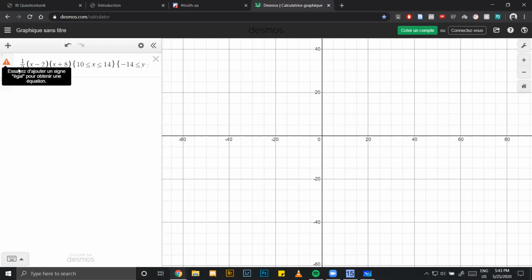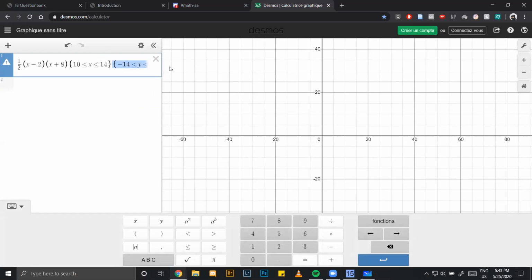Does it not allow? Oh, it only allows one condition? I'm not sure how Desmos is doing this right now. Wait, what if I do that and put a comma and add another one? No, that doesn't work either. Why can't I put two restrictions? Does anyone know how to use Desmos properly, and why is this not working? I'm pretty sure you can restrict y values and also x values.